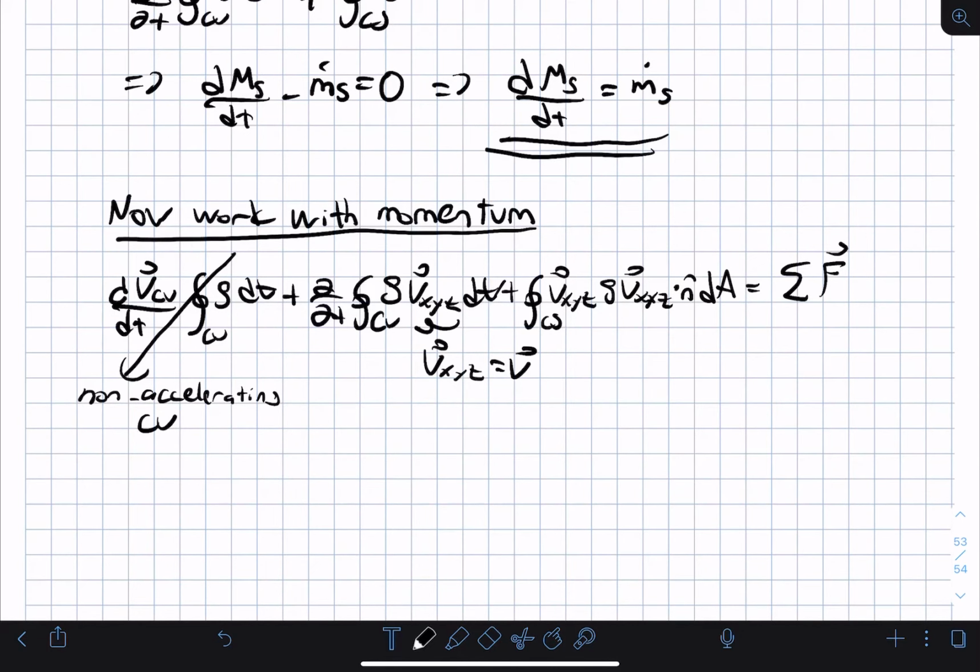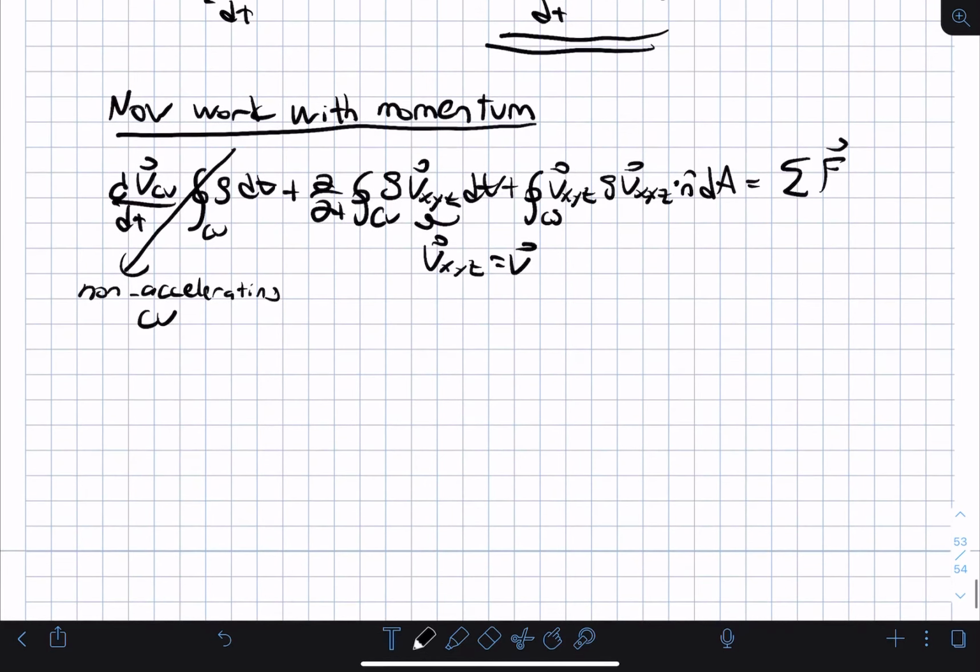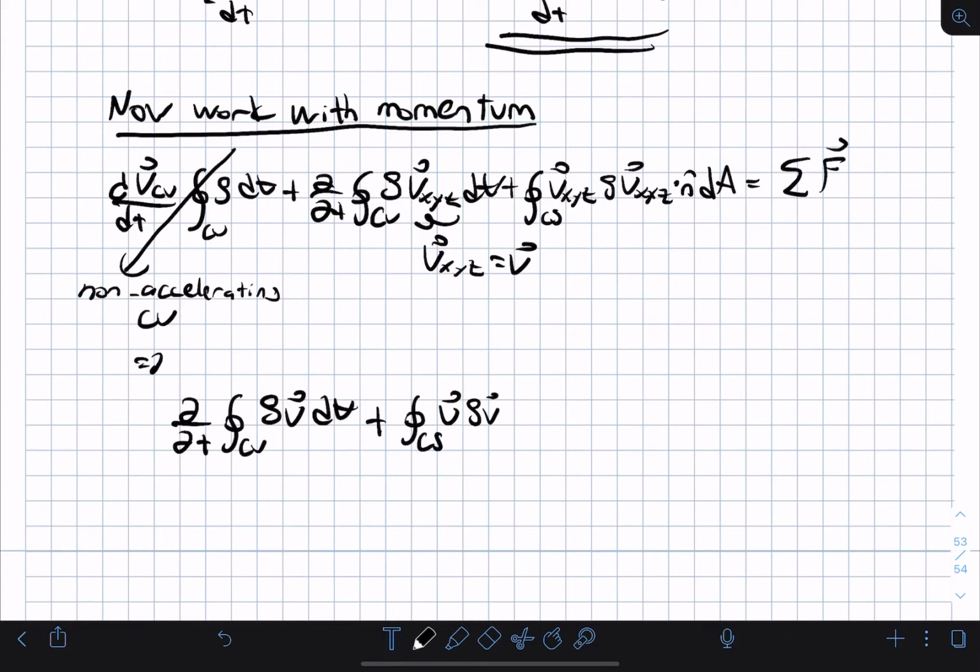So then what our conservation of momentum turns into is slightly simpler. We have that partial t times the integral over the control volume of rho V dV plus the surface integral of V rho V dot n hat dA is equal to the sum of the forces acting on that control volume.